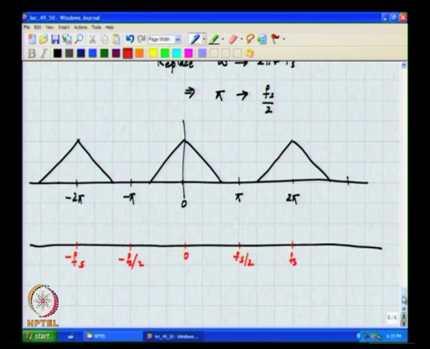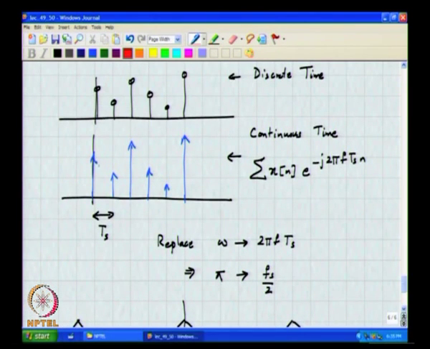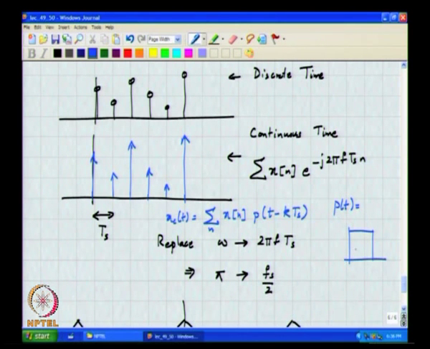Common pulse shapes are the NRZ pulse, where the output in the time domain can be thought of as x of n times p of t minus k times T s, the output in continuous time is this, where p of t is 1 from 0 to T s, all right.